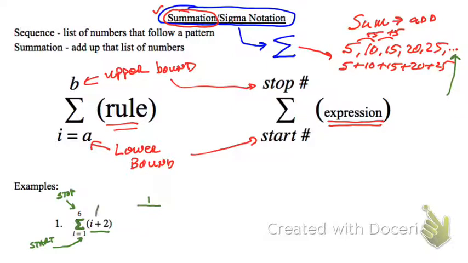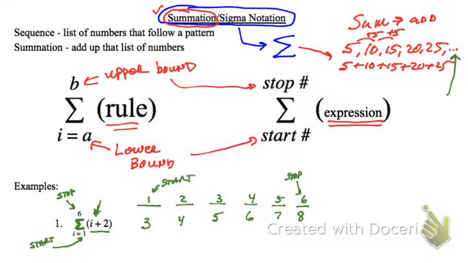When I plug a 1 into here, I get 1 plus 2, an answer of 3. Then I plug in a 2. 2 plus 2 is 4. Plug in a 3. 3 plus 2 is 5. Plug in a 4. 4 plus 2 is 6. Plug in a 5. 5 plus 2 is 7. Plug in a 6. 6 plus 2 is 8. So we stop at 6 after we started at 1. And what answers did we get? We got 3, 4, 5, 6, 7, and 8. We can see how we're adding 1 as we go across.